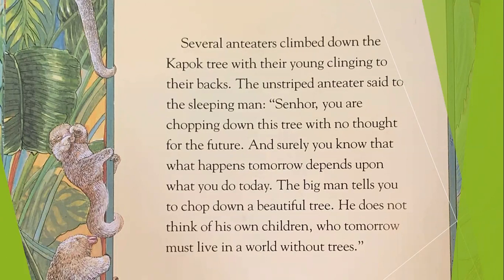So what the anteaters are saying here is if you chop down the tree today, it's going to affect the future. And we saw evidence of that in planting the trees of Kenya. It started out with just chopping down a couple trees, but eventually the trees didn't grow back. And so they had no trees. So they didn't have enough food.